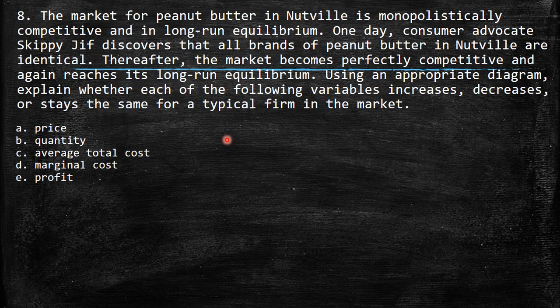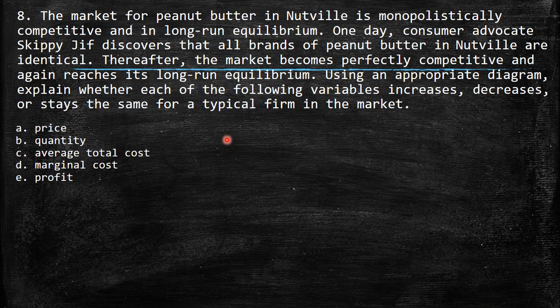Thereafter, the market becomes perfectly competitive, so they go from fixing the price to being price takers. Thereafter the market becomes perfectly competitive and again reaches its long run equilibrium. What is the difference? The long run profit should be 0 again, but the firms don't have any influence on the price.